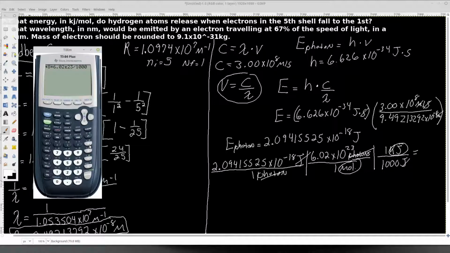Now, just in case you're new to this, it's numerator times numerator times numerator divided by denominator divided by denominator divided by denominator, and you can get it right when you use dimensional analysis.